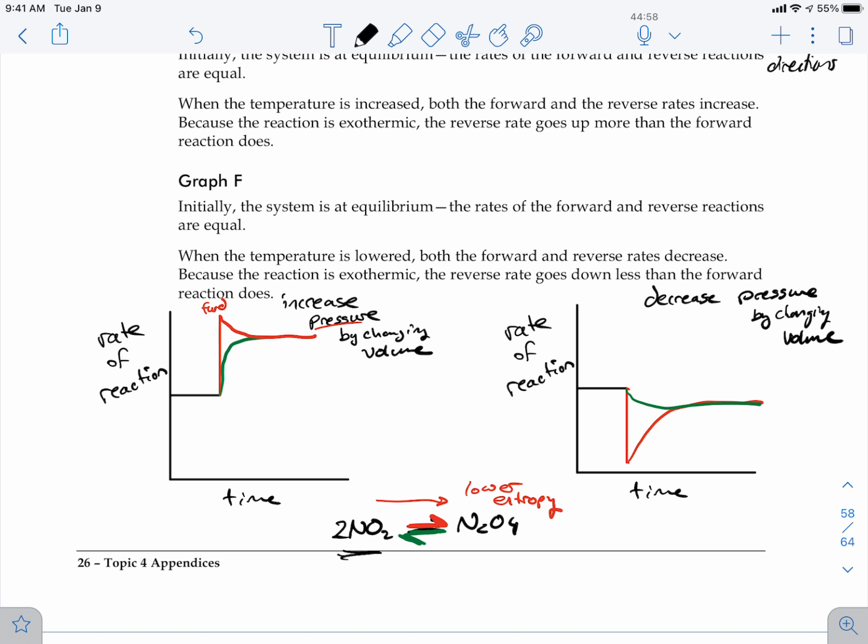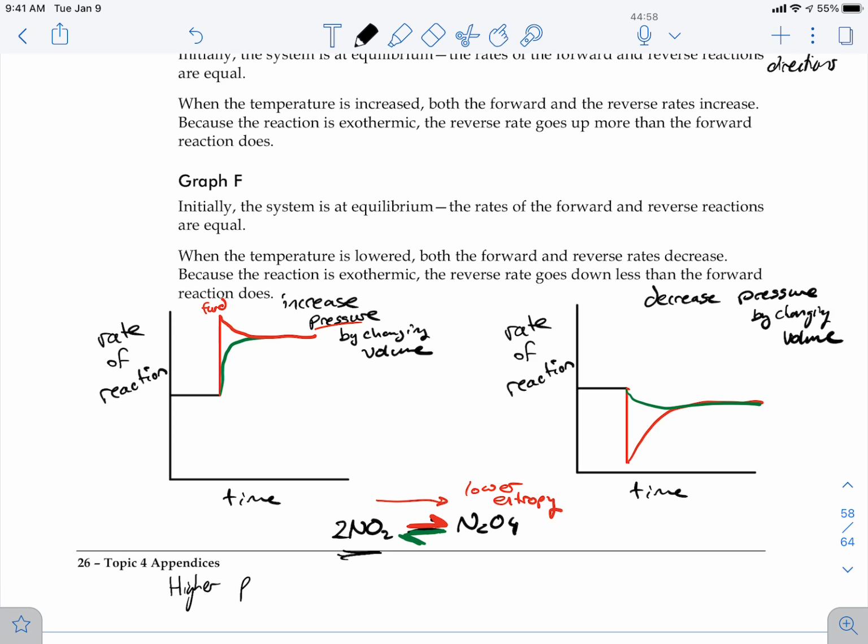And so there are more particles of NO2, so the change in volume has a greater effect on the left side, so it gets the greater boost in rate of reaction, and then over time it reaches a new equilibrium. Because you're at a higher pressure, it is going to have higher rate overall.